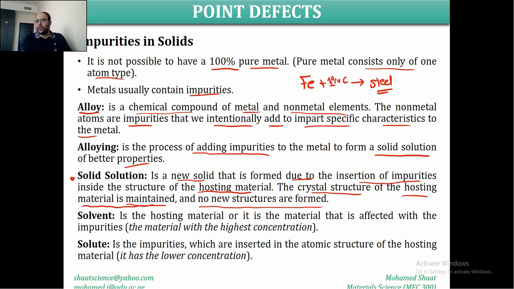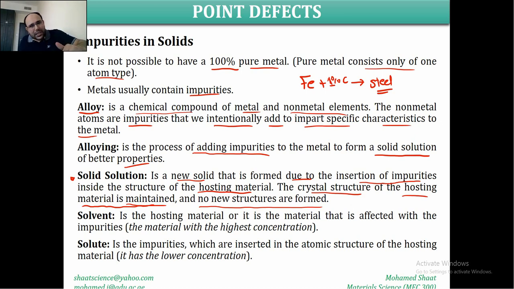FCC before the addition of the impurity will still be FCC after we add it, the same crystal structure, yes? So this is a solid solution. But if the crystal structure has changed, it will not be counted as a solid solution. It will be counted as a new phase, a totally different material.